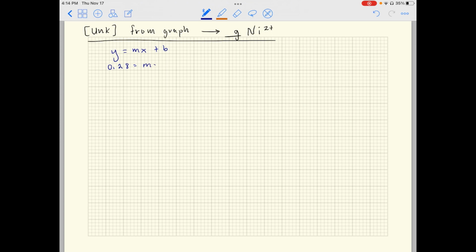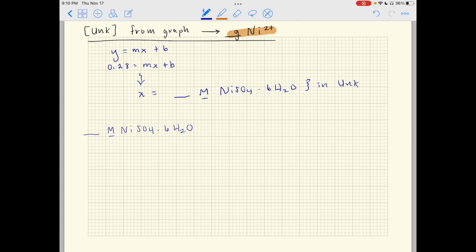Of course, you're going to have different values. You're not going to have mx plus b. You're going to have actual numbers there. And then you would solve this equation and find x, which will give you the concentration of nickel sulfate hexahydrate in your unknown. So I'm going to make a note of that in your unknown.